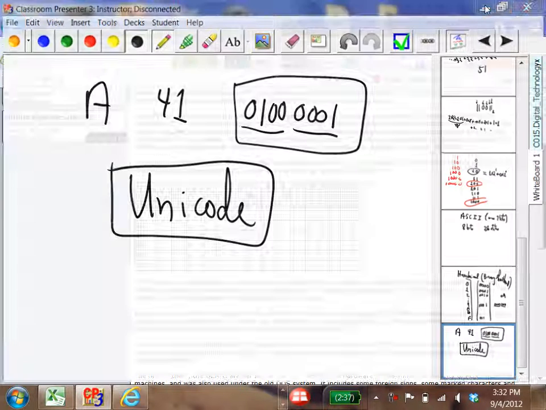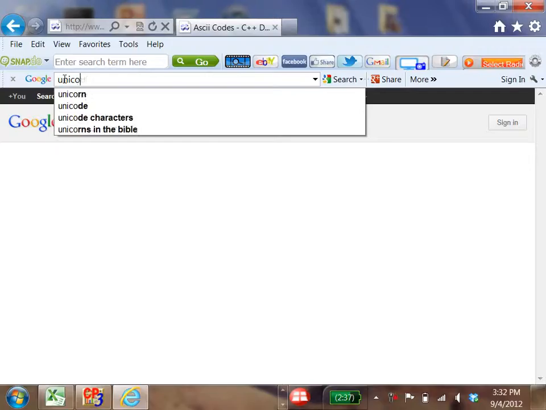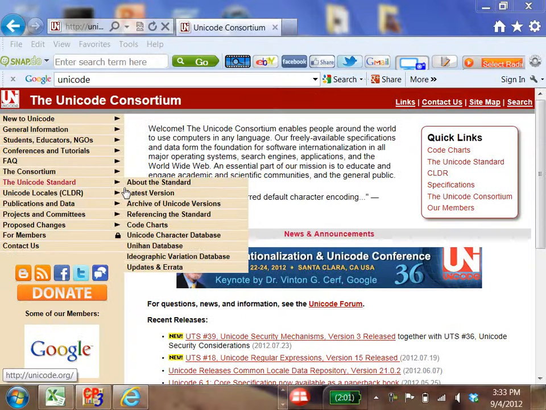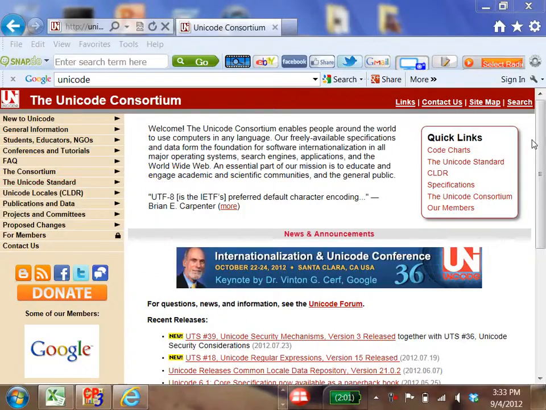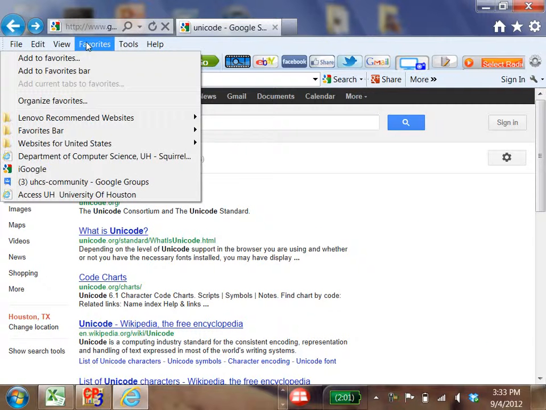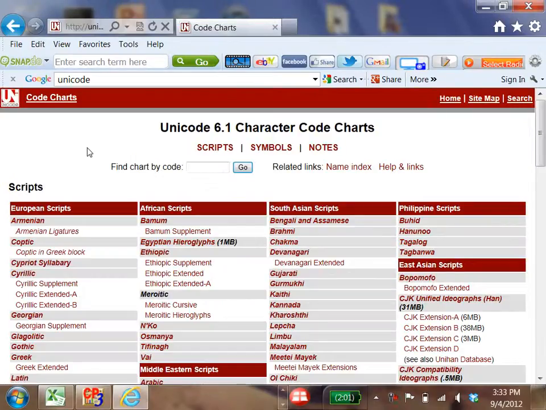Unicode is a little bit complicated, I guess. Here's Unicode.